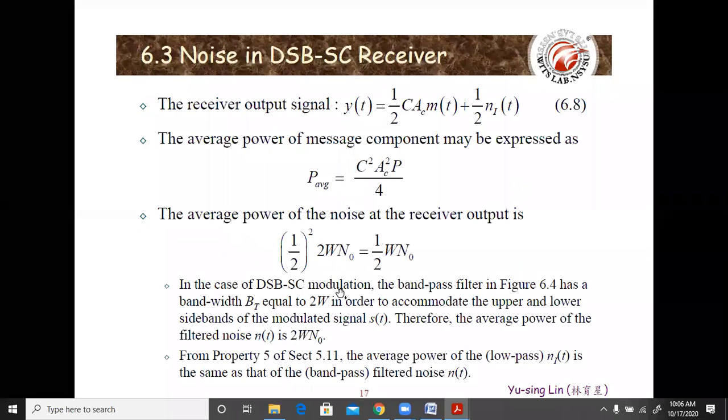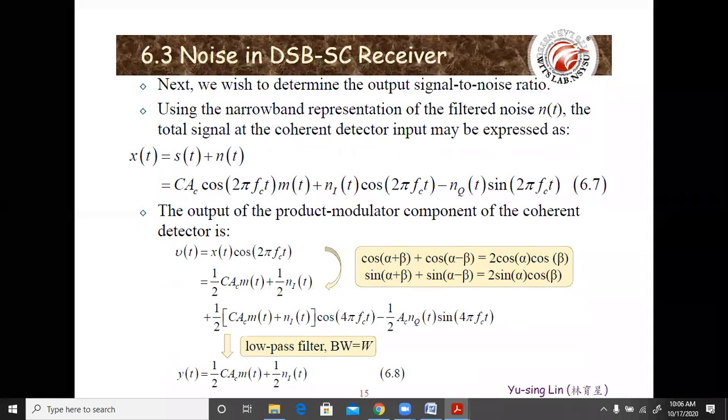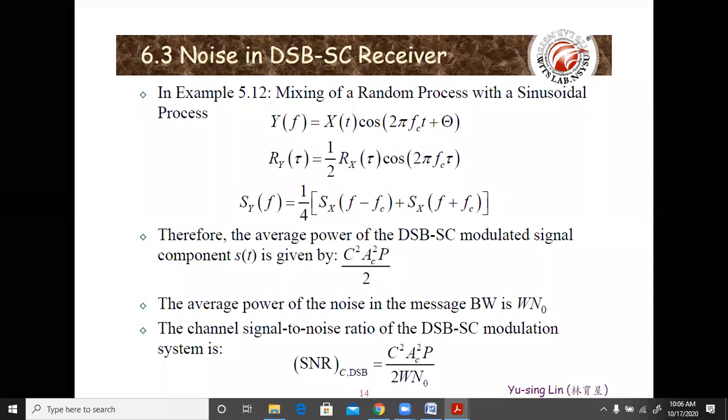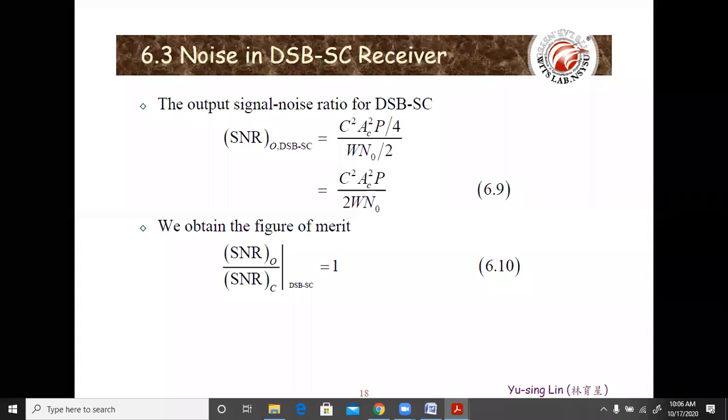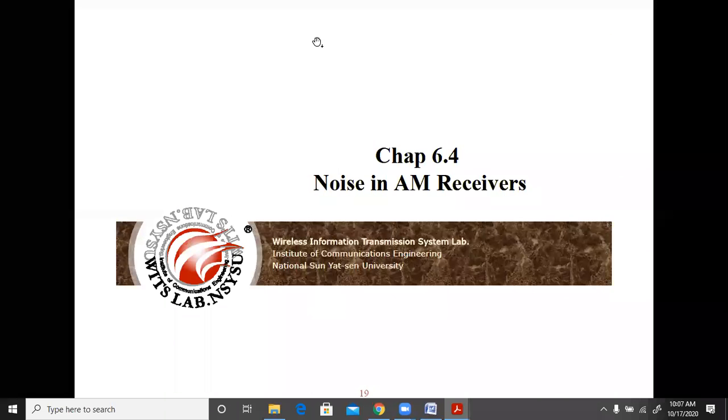We have already derived it for the channel, and we have derived it for the output like this. Both are the same, and hence we obtain a figure of merit equal to 1. So we will stop at this point.